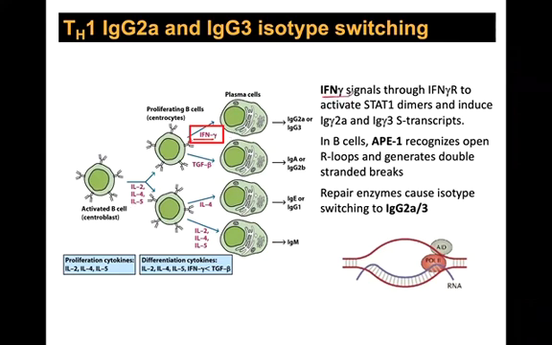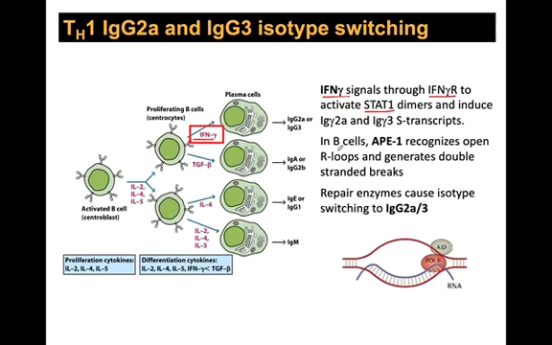Interferon gamma is going to bind to the interferon gamma receptor on B cells to activate STAT1, and now you get IgG gamma S transcripts, primarily IgG2A and IgG3. Okay, those are the main ones for antibodies that are good at blocking infection, neutralizing, and opsonizing systemic infections.